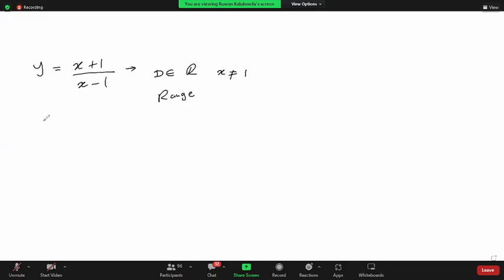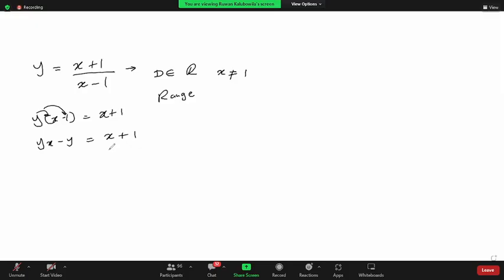I will take x minus 1 to this end, and multiply: yx minus y equal x plus 1.